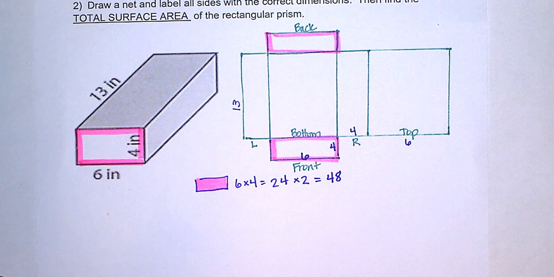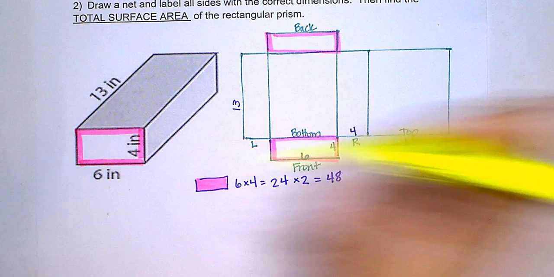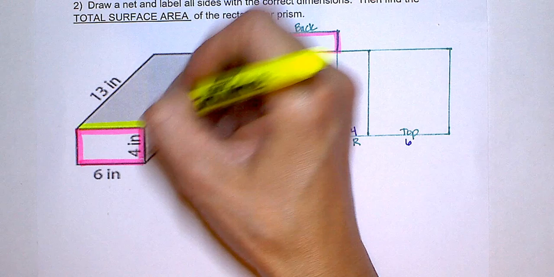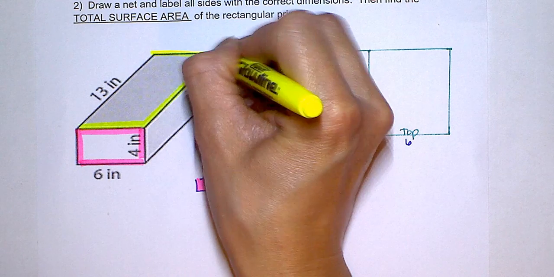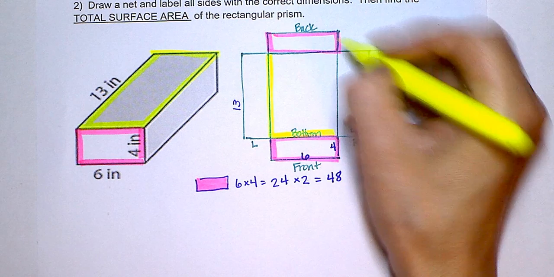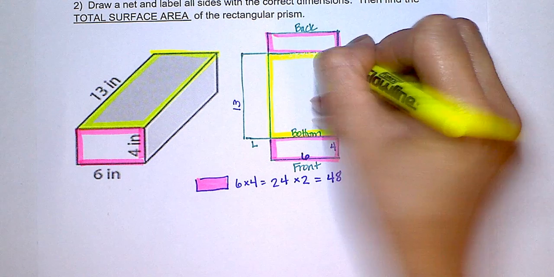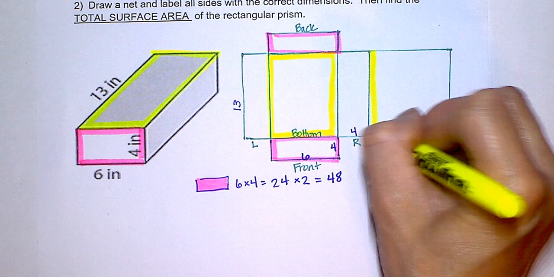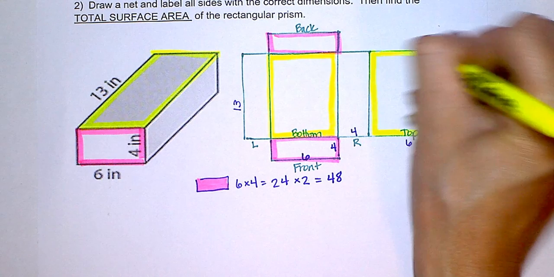Now, let's take a look at the top. So this would be the same as the top and the bottom. So this rectangle right here, and this one. So the top and bottom are the same.